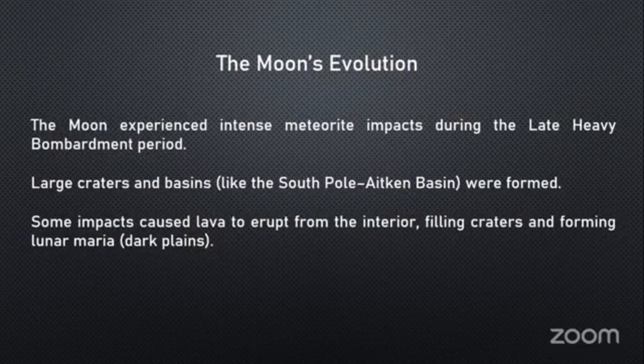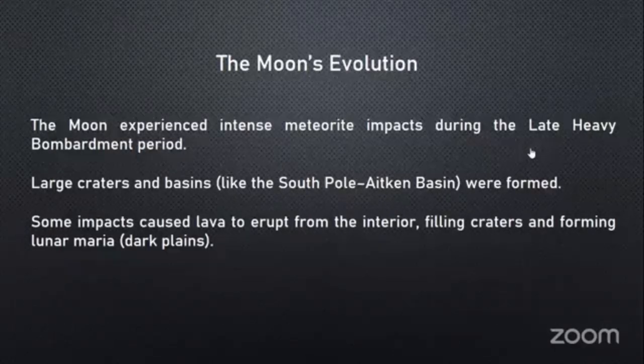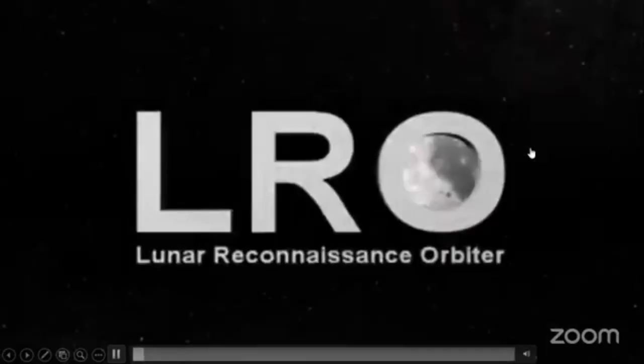This lava filled the craters, forming what we call the Lunar Maria, the dark plains we can see when you look at the picture of the moon. Here is our simulation of what happened during the early times after the formation. This is the evolution of the moon now.